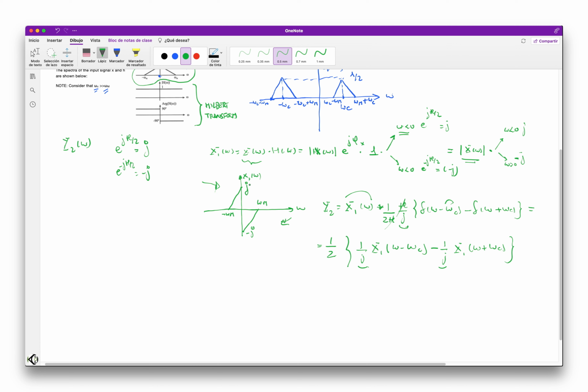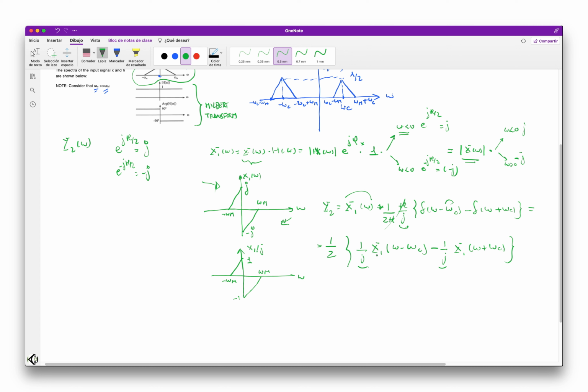If we divide x1 by j, what we will get is the same, but taking out the j. So x1 divided by j, we will have here something that goes to 1, this is minus omega m, and this one will go to minus 1, and this will be plus omega m. This is basically x1 divided by j.